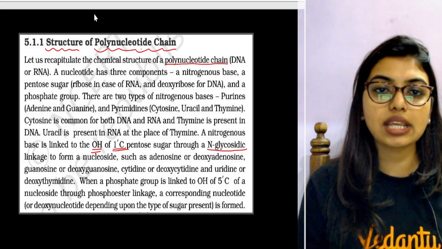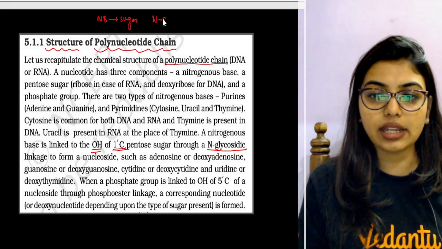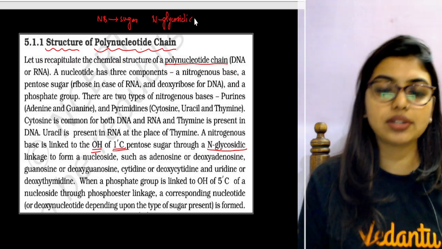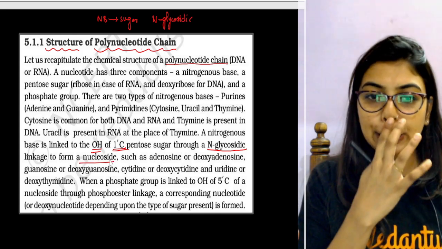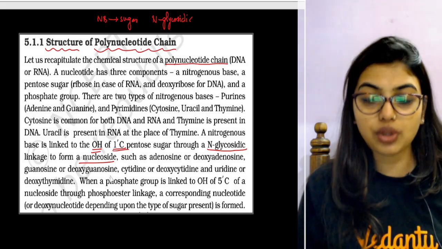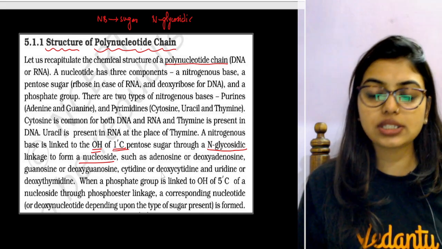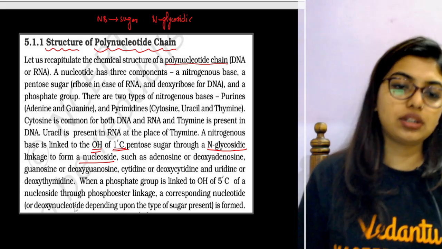So they're trying to say that when a nitrogenous base binds with sugar, it binds with an N-glycosidic linkage, to form a nucleoside, such as adenosine, deoxyadenosine, guanosine, deoxyguanosine, cytidine, deoxycytidine, uridine, and deoxythymidine.